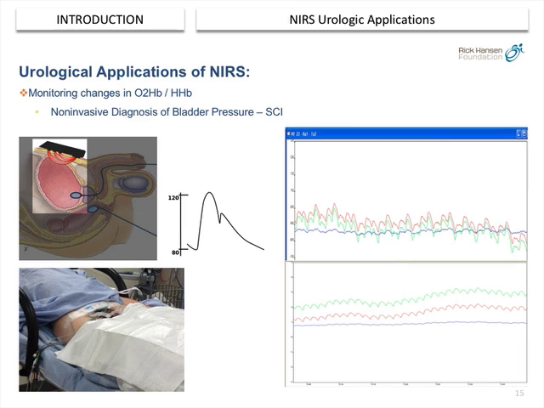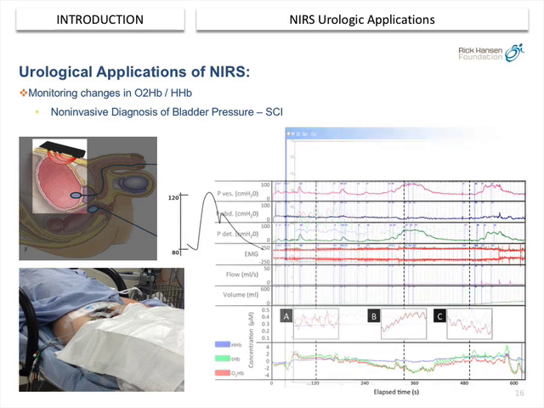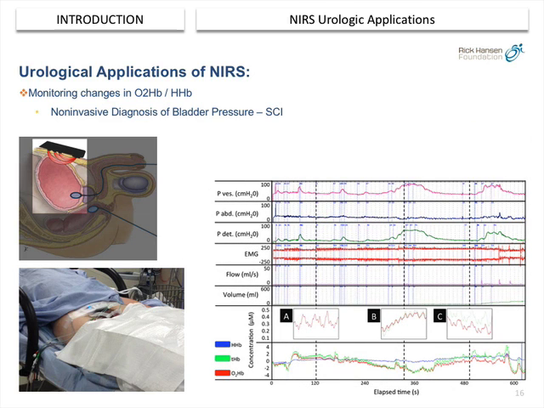Regardless of what is happening to the chromophores, by following the pattern of tissue pulsation, bladder pulsation, when it is under high pressure and when it is not under pressure, we can differentiate the high pressure bladder from a normal bladder.